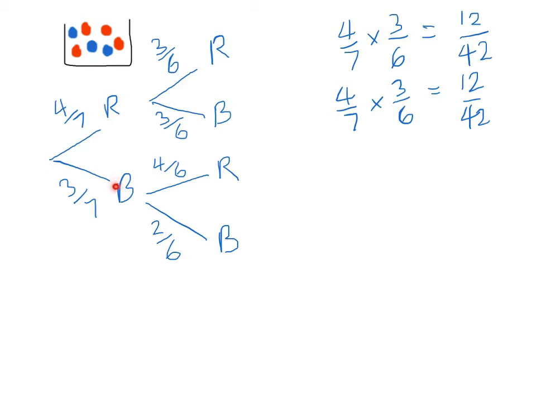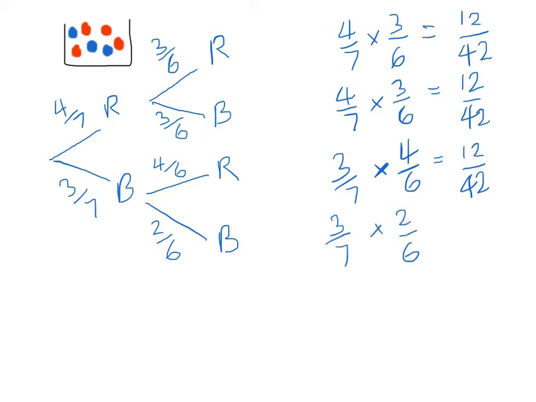If, however, a blue is picked out first, followed by a red, then that would be 3/7 multiplied by 4/6, which again is 12 out of 42. And the last option would have been picking out a blue first, followed by a blue second, so that would have been 3 out of 7 multiplied by 2 out of 6, which is 6 out of 42.